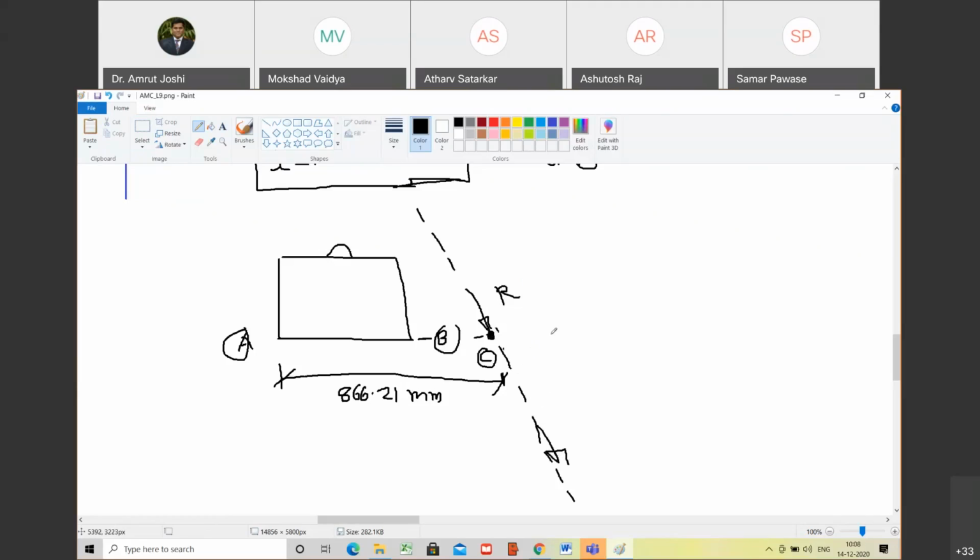Look, if I want to find the moment of a force about this point, how do I define it? I drop a perpendicular from this point onto the line of action of the force, and if that distance is d, then by definition F into d is the moment of force F about this point. Do you agree with me? Yes, sir.